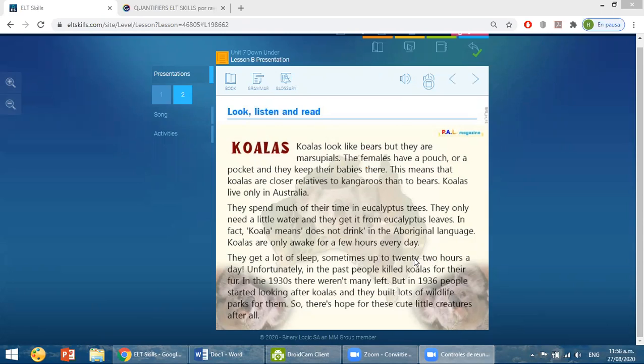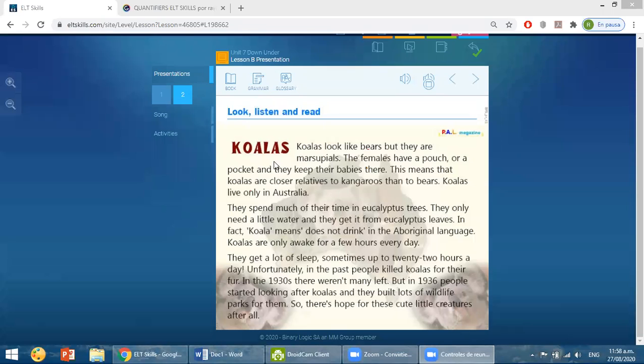You see? Then it talks about how this animal was in danger, because the people killed koalas for their fur. But then the people made national parks to save this animal, to save these cute little creatures.